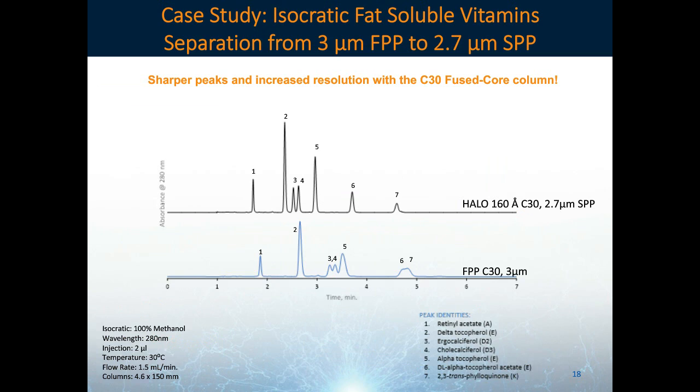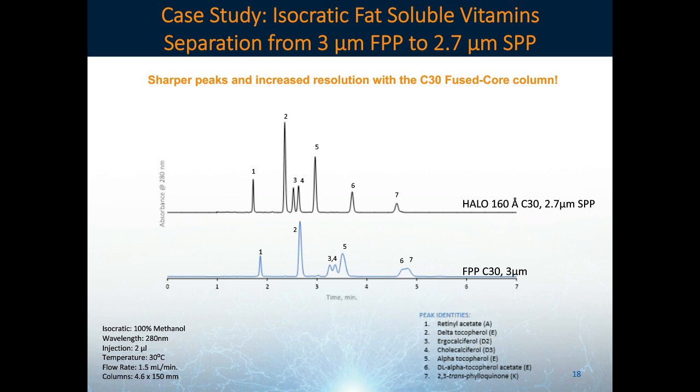This example shows the isocratic fat-soluble vitamin separation going from 3 micron FPP to 2.7 micron SPP. In this case, again, we've used the exact same conditions and the exact same column dimensions, 4.6 by 150. So what we see with the top trace in black with the Halo C30 column is sharper peaks and increased resolution compared to the FPP C30 column in 3 microns.